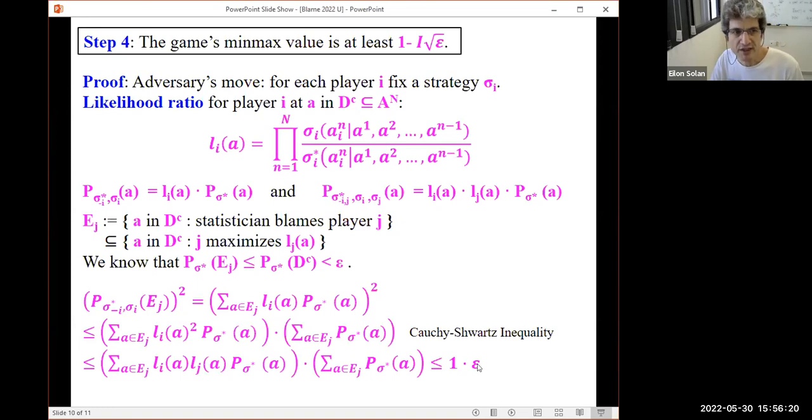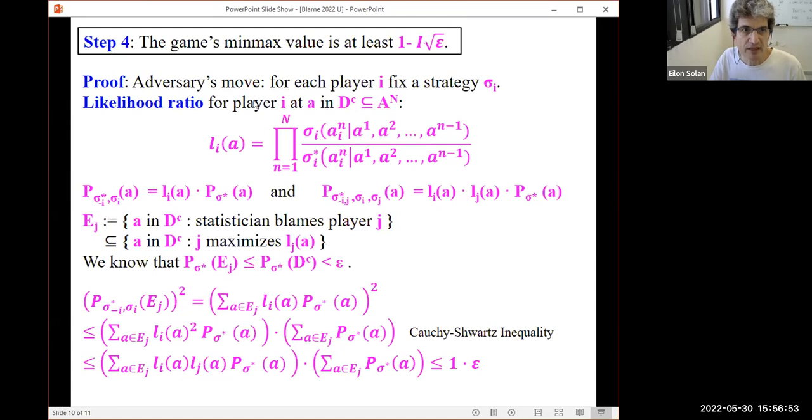So by the Cauchy-Schwarz inequality, the probability that, if player I deviates, we actually blame player J is at most square root of epsilon. So the probability to blame someone who is not player I is at most I minus 1 times the square root of epsilon. So this is the whole proof.